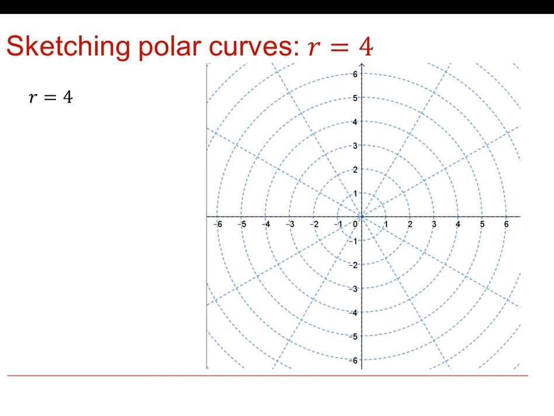So, considering the general case for r equals some constant k, let us just pick k equal to 4 initially. This point, this point, this point, and this point will all be on that curve. If we try to link those up in a smooth way, or we could plot some more points, for example one there, we can see that it will be a circle.